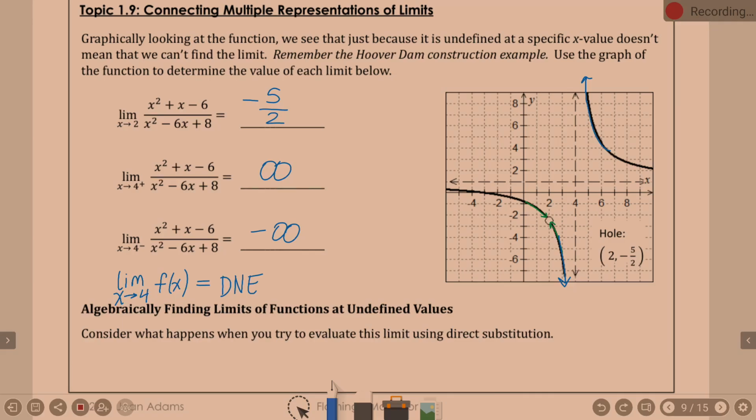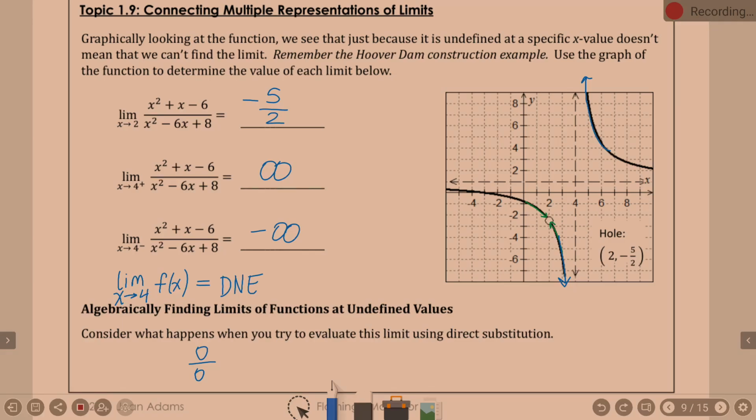Okay, algebraically finding limits of functions at undefined values. Consider what happens when you try to evaluate this limit using direct substitution. Well, we tried to evaluate it up above, okay? When we tried to evaluate it using direct substitution, up above we got 0 over 0, right?